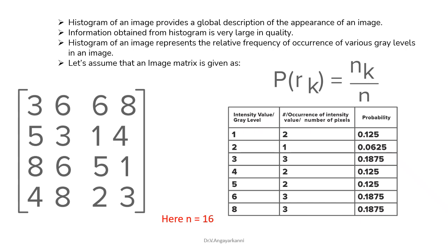For example, 3 has occurred 3 times, 1 has occurred once. Similarly, 6 has occurred 3 times, and 5 has occurred 2 times. The gray level 1 has occurred 2 times, and the corresponding probability is obtained by dividing the occurrence of the intensity value by the total number, that is n equal to 16. So 2 by 16 is equal to 0.125.